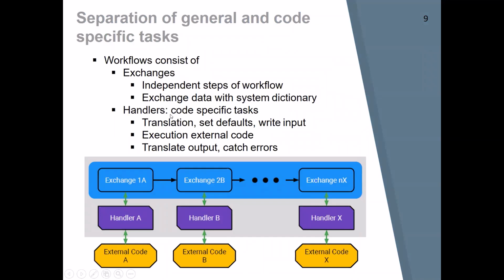And then handlers are specific to each code, and they perform things like translation of output and input, and also some other things like maybe some defaults for the particular property that you're looking for, and things like that.